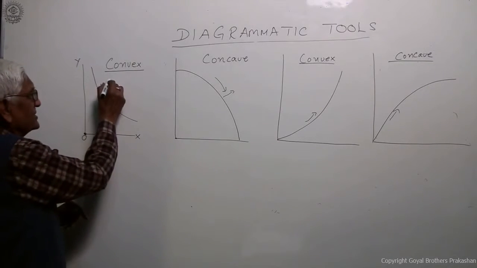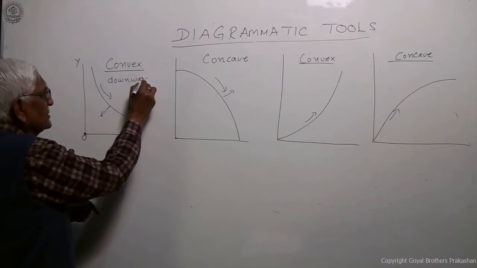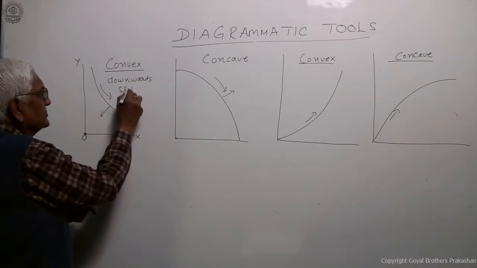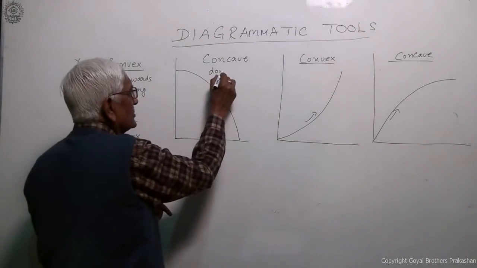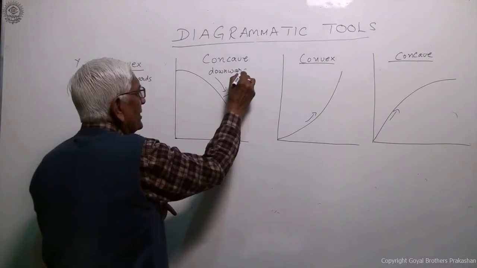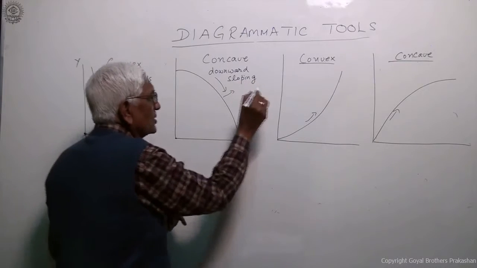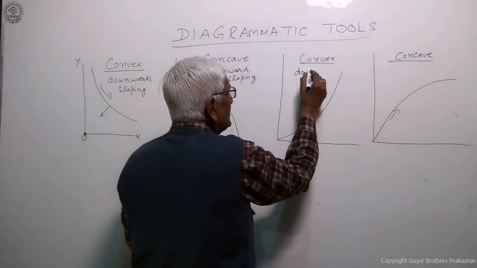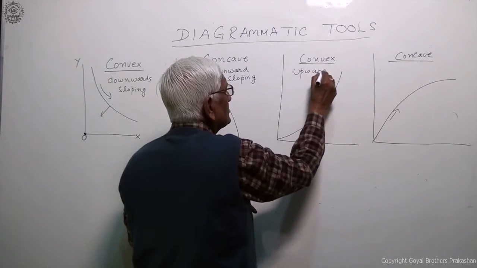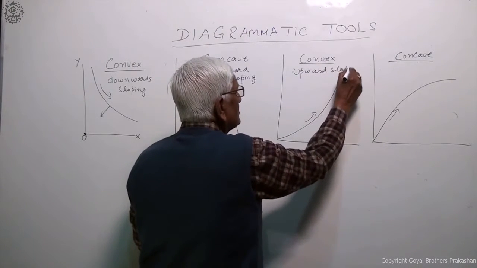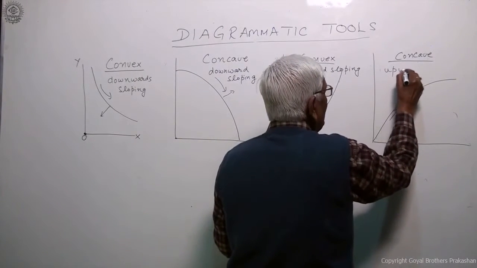So, we have to make a distinction between two: convex, downward sloping; concave, downward sloping; convex, sorry, upward sloping; and concave, upward sloping.